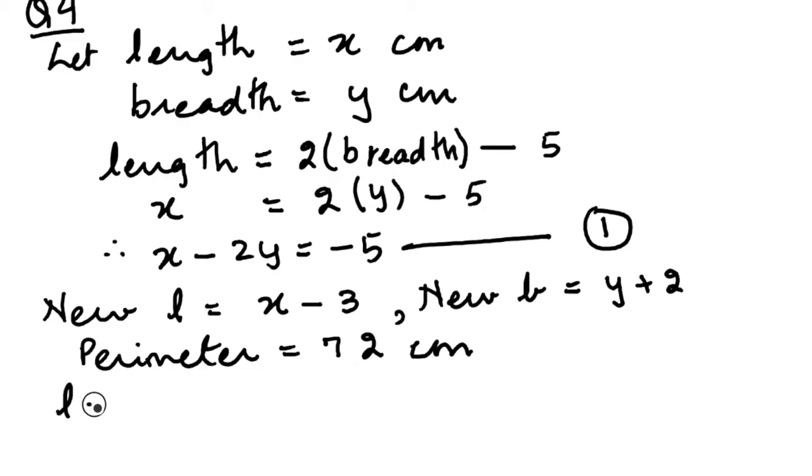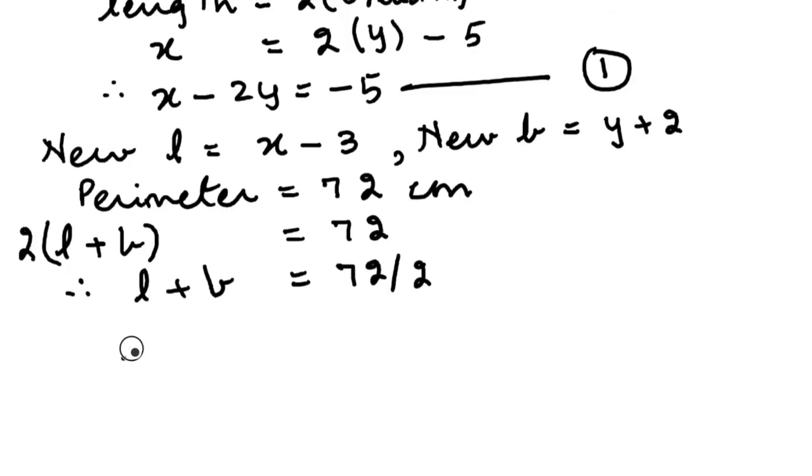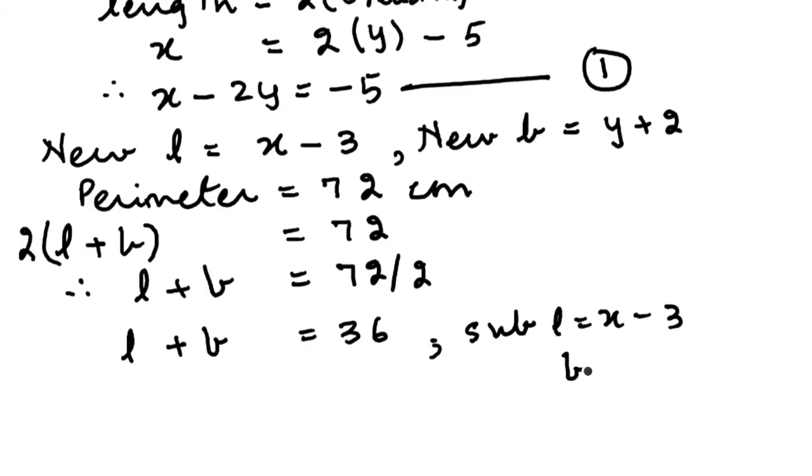Now perimeter is twice the length plus breadth, and that is 72. And so therefore length plus breadth becomes 72 upon 2. So we will have the new length plus new breadth equal to 36. And now we will substitute length equal to x minus 3 and breadth equal to y plus 2.